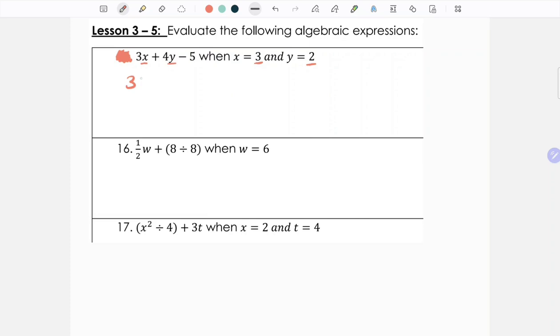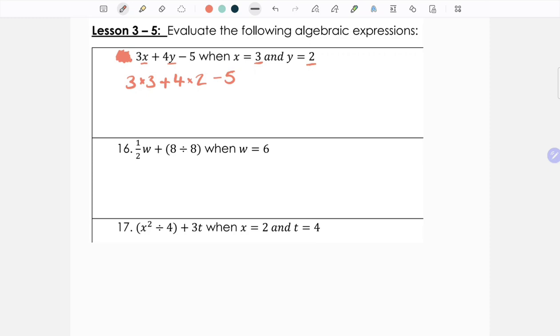So 3 times X, which is times 3 plus 4 and Y is 2. So we're going to replace Y with 2 times 2 minus 5. Okay, so all we've done right now is replace the variables with numbers.